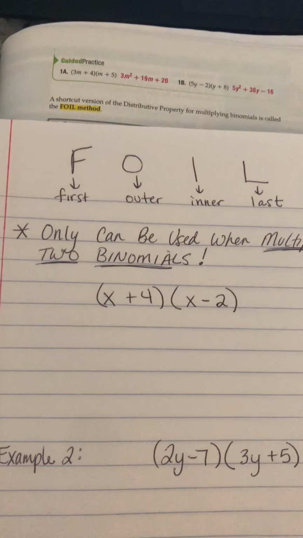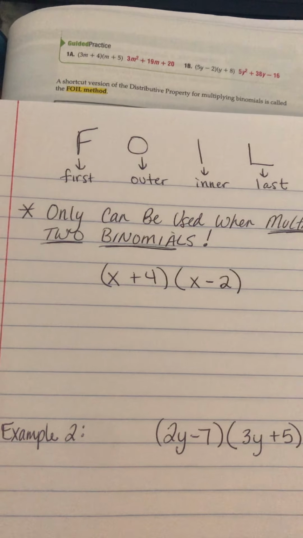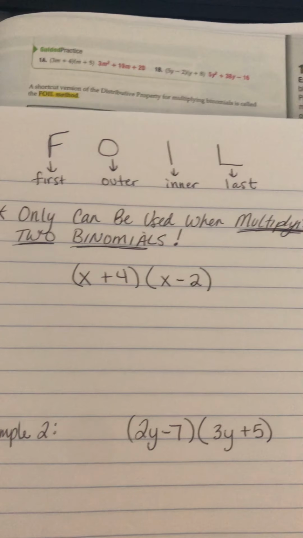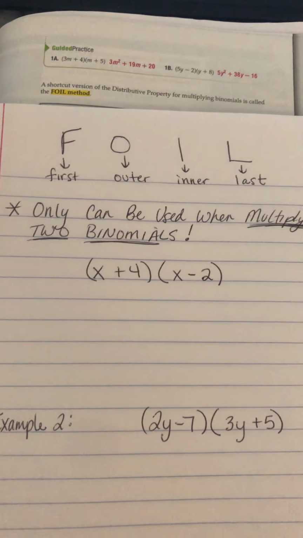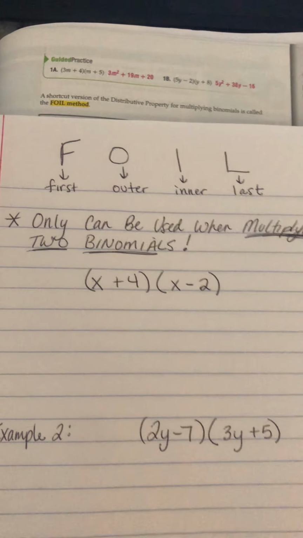Right here, what I'm showing you is what I really want you to focus on: the key concept for the FOIL method, looking at example 2, and then reading this little section at the bottom too. I thought I would talk to you a little bit about it, and then you can look over the examples yourself and let it all sink in a little bit, and then you can try your homework for today and tomorrow, and it will be due on Wednesday.